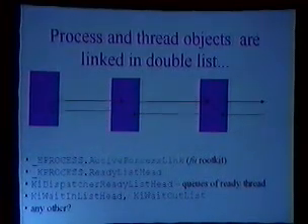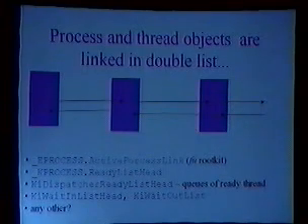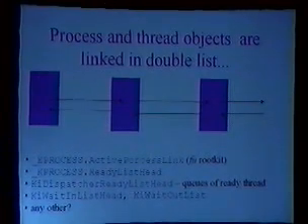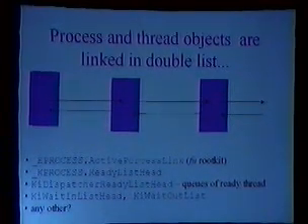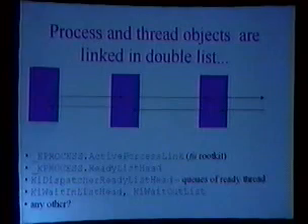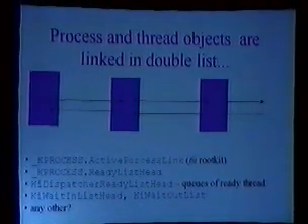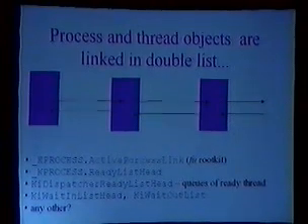So we've got a list, and now these rectangles are not processes but are threads. We've got all threads which are in the running state. They are on the ready list head list.